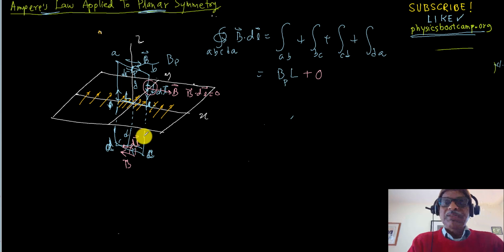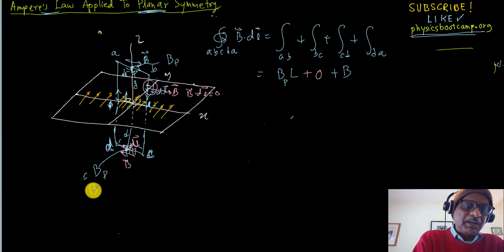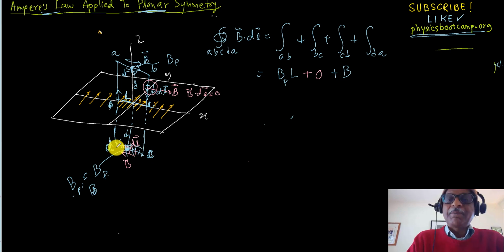So that's a plus, and this point has the same distance, so B is equal to B at P. So if this is P prime, B at P prime is the same as B at P, and it's going to be B at P and the same length L.